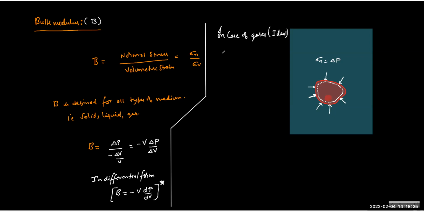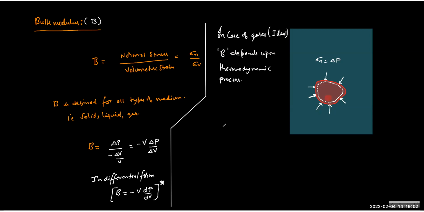So in case of gases, bulk modulus B depends upon the thermodynamic process, okay. So there are two very famous bulk moduli for two famous processes, and there are some generalized processes also.